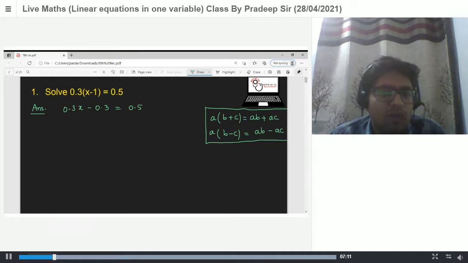Now simplify this. x equal to 0.5 minus 0.3? Not minus 0.3. During transposition, when terms are shifted, the sign changes. So this becomes plus 0.5 plus 0.3, which is equal to 0.8.